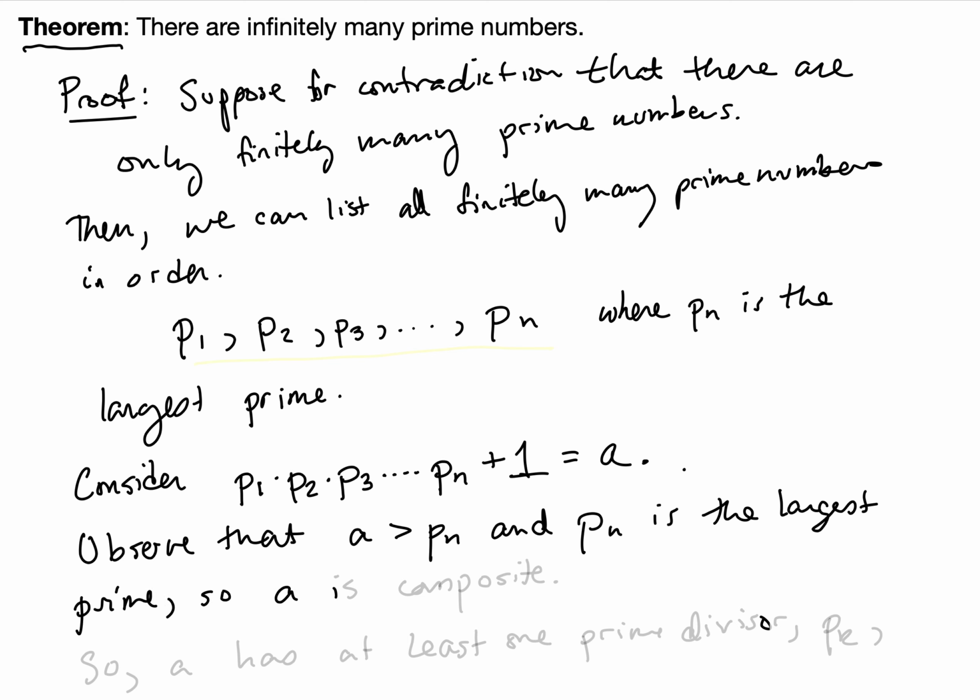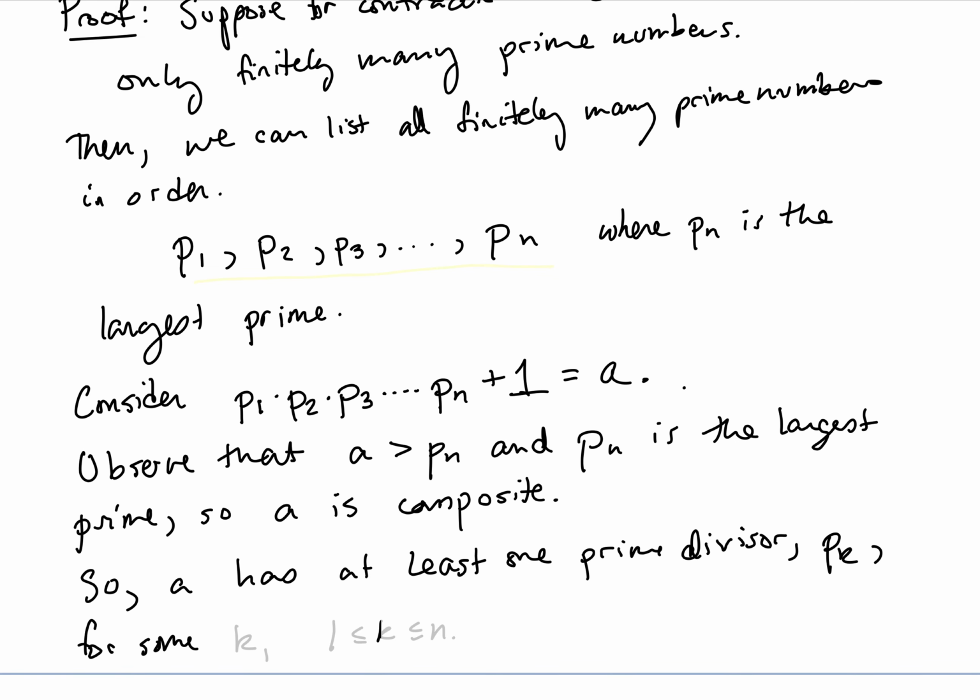a is therefore composite. Every natural number larger than 1 is either prime or composite. And so a has at least one prime divisor. And we have listed all of the primes above, so that must be equal to pk for some k, where 1 is less than or equal to k, which is less than or equal to n.